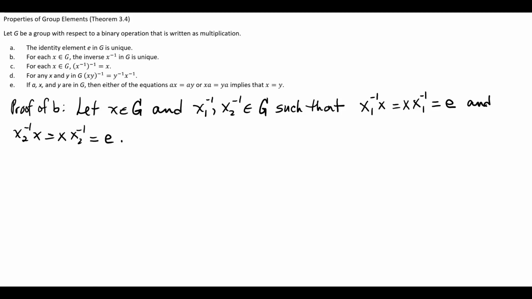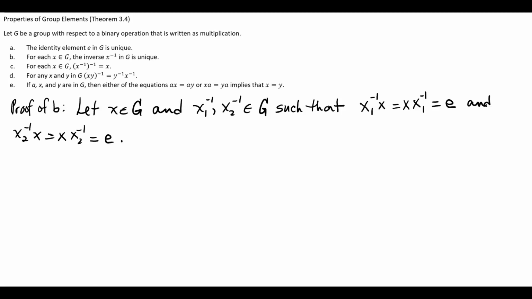I'm just using these symbols because I have to be able to identify the difference between the two of them. So I'm calling one x1 and the other one x2. When I multiply x1 inverse times x, I should get e, the identity element.